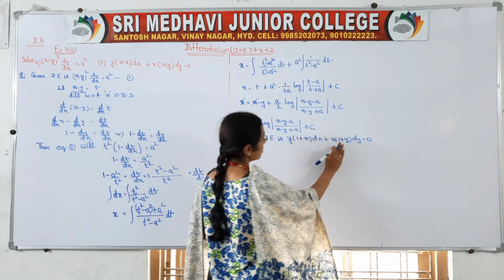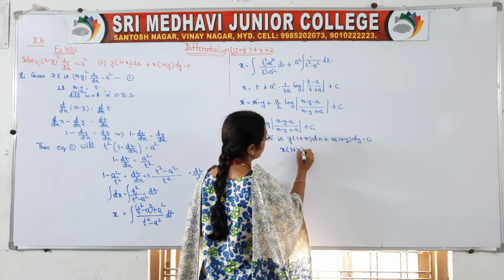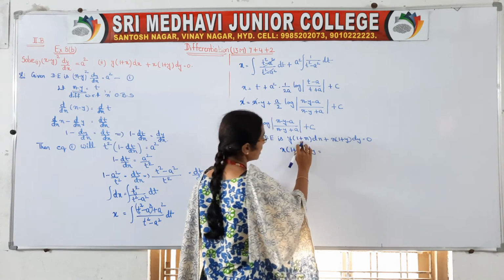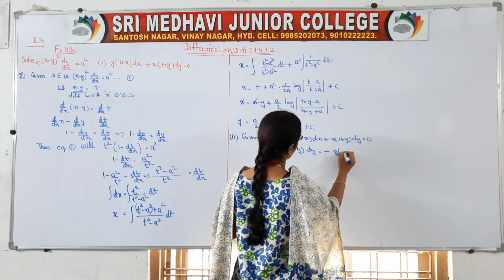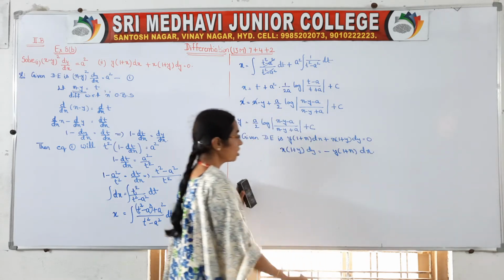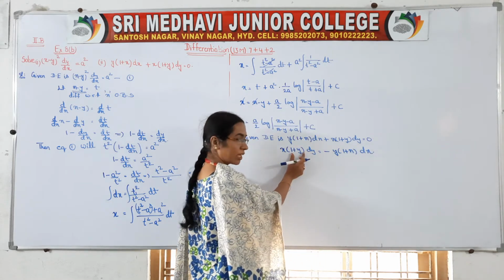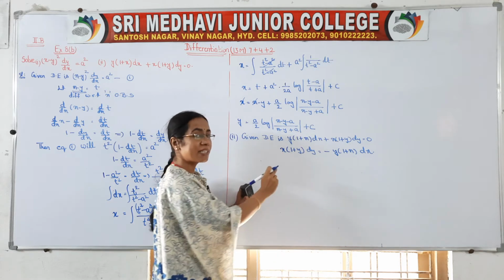So keep this dy on this side: x(1 + y) dy. Sending this term to that side becomes minus y(1 + x) dx. Observe the dy term. This is okay, 1 + y, it is a y term, but this x is not okay. Why? It is an x term.